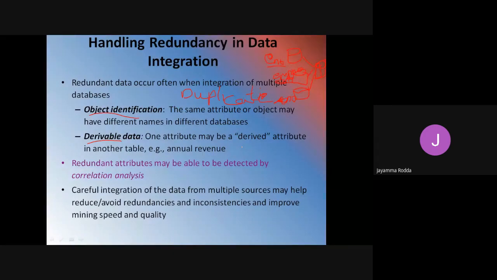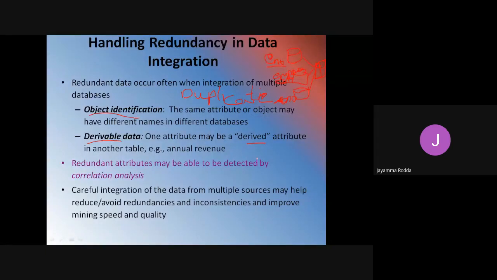Next, another problem is derivable data, which means that the attribute that is stored in one particular table will be derived from another attribute. So in one particular table or database, one attribute may be a derived attribute, whereas in the other table the attribute will be a normal attribute.